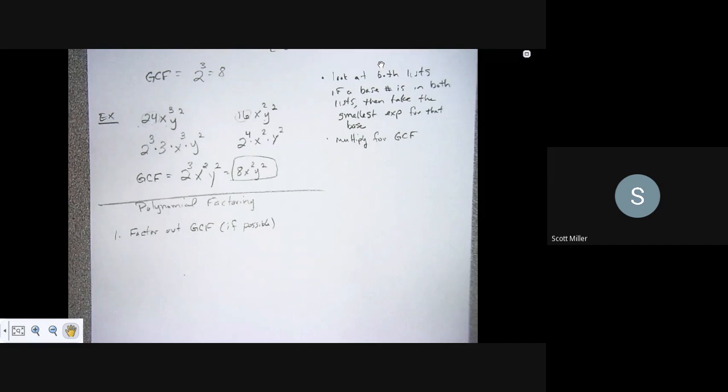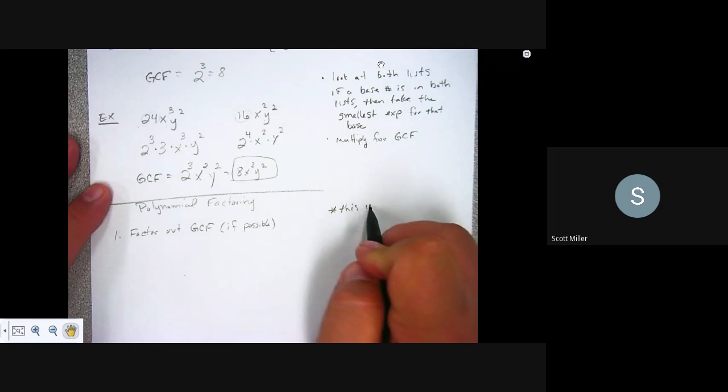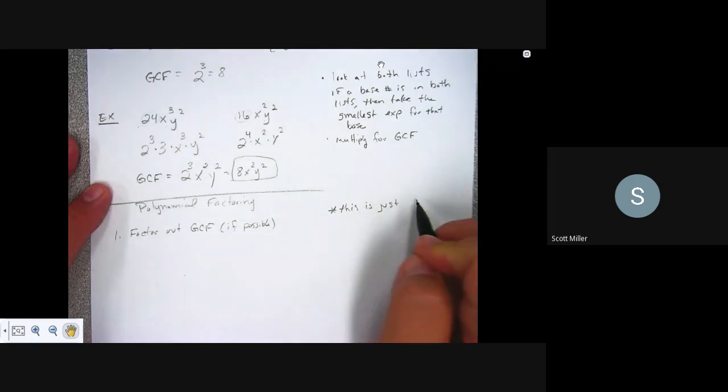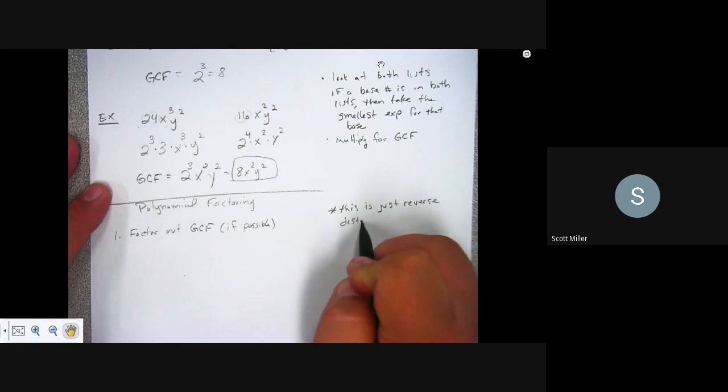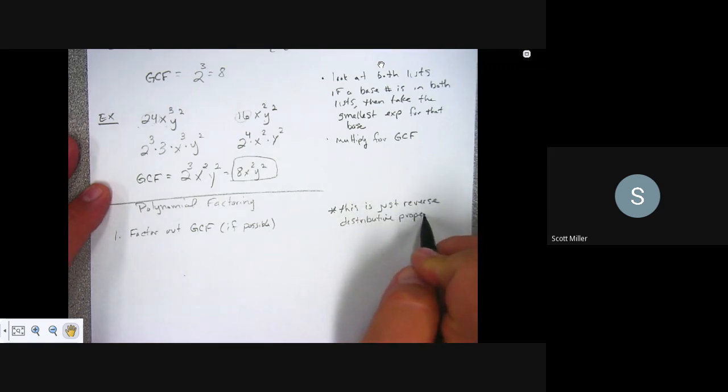Well, the GCF in a polynomial setting is basically just the reverse distributive property.